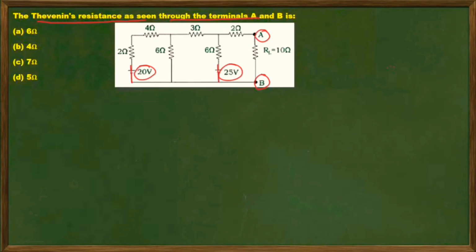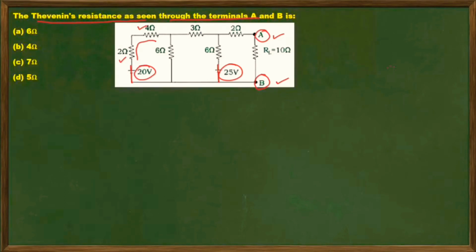Now find the R equivalent between the points A and B. If you take a close look, the 2 ohm resistance and 4 ohm resistance are connected in series, because they are present in the same branch. So 2 plus 4 equals 6 ohm.